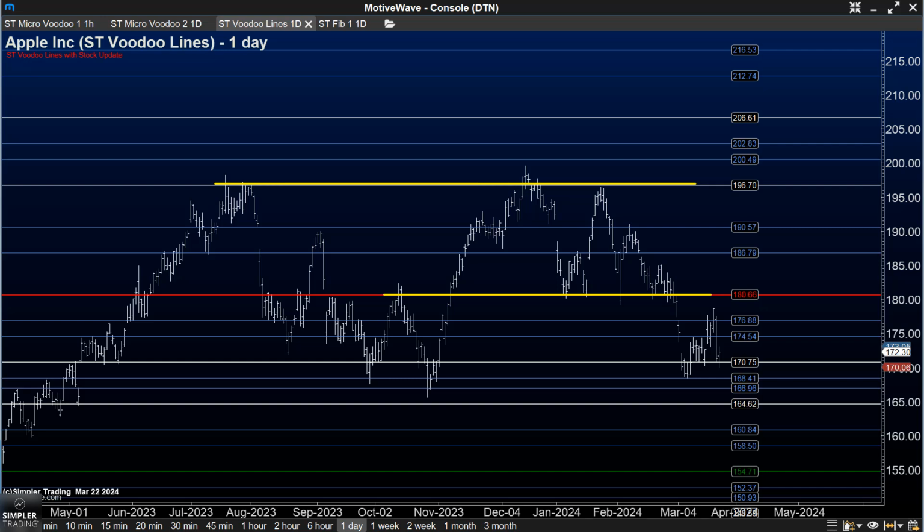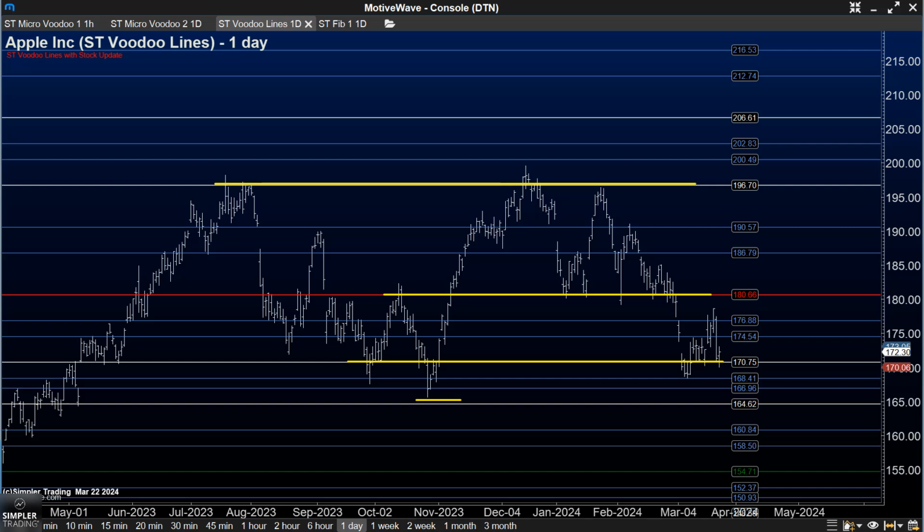Those snow lines are third degree levels, right? And similarly, snow lines down here have mostly kept things contained to the downside, save for this spike down to the 164.62 snow line.